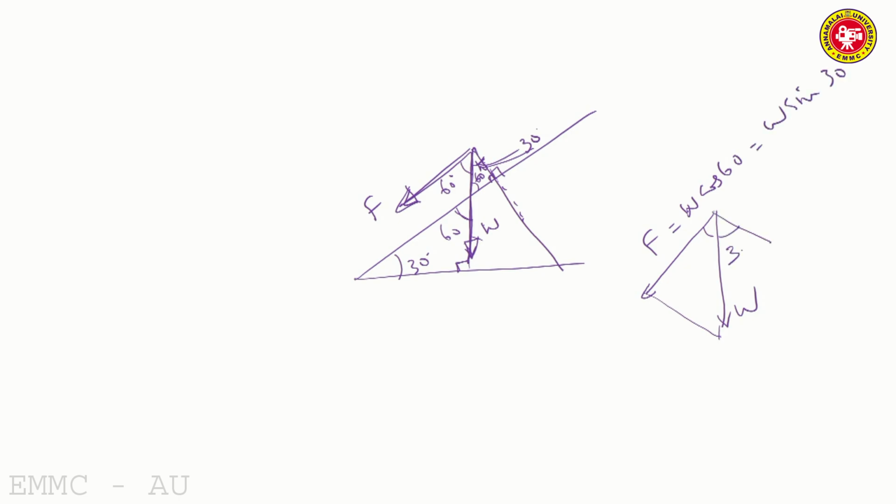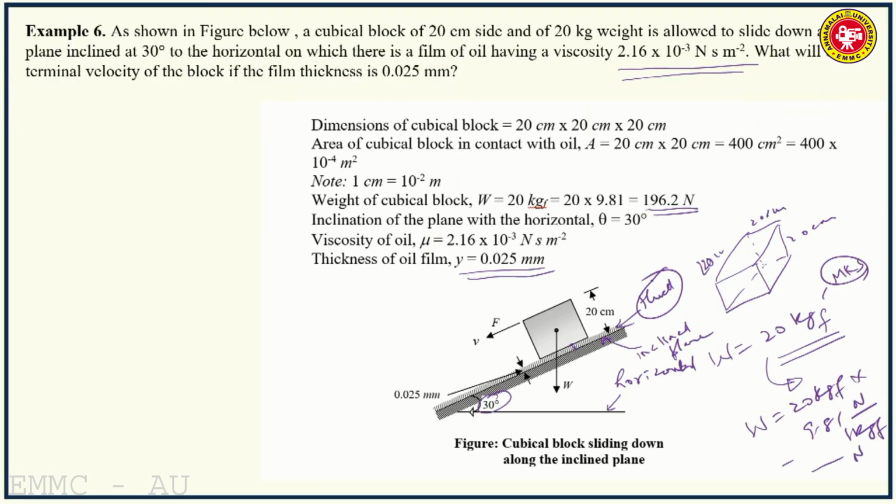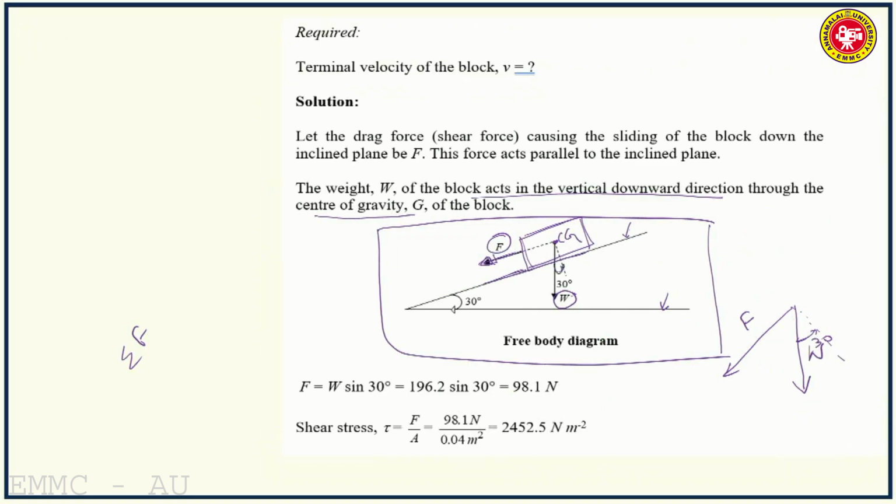So the component of W in this direction is W cos 60, or W sin 30. So you get the F value. So now you can find out the shear stress.